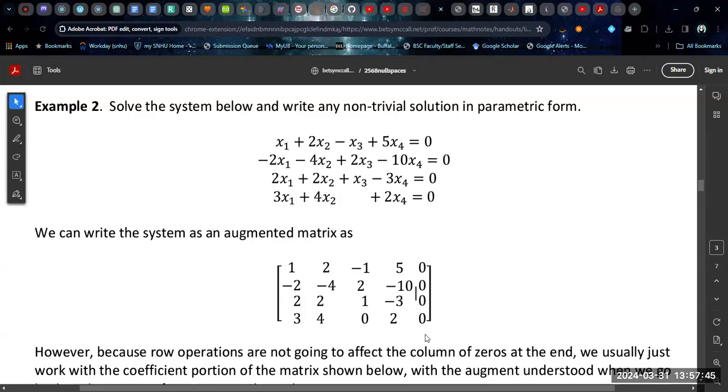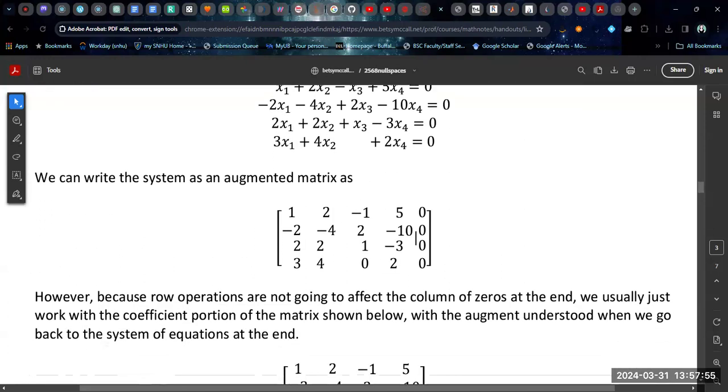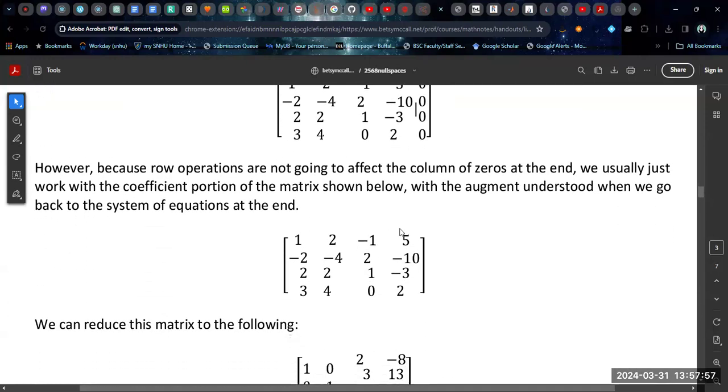So just remember that the augment is 0. But we create the augmented matrix initially the same way that we would for any other system of equations. But again, I'm going to leave out the zeros because they just make copying the matrix out more difficult. And nothing that I do to it is going to change these from being 0.